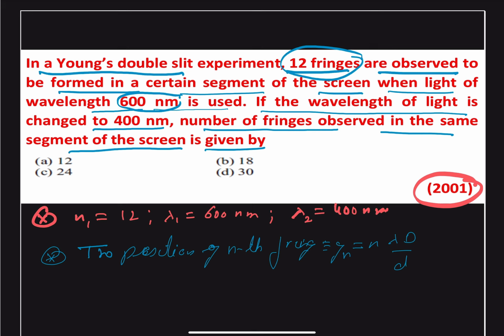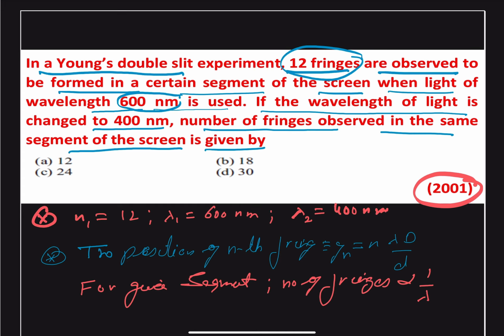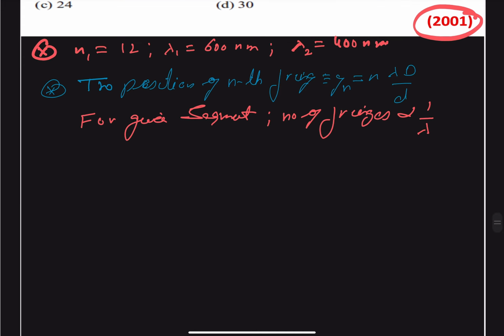Here small d is the slit separation and capital D is the distance to the screen. For a given segment, y n will be the same for both. So the number of fringes n is proportional to 1 upon lambda.